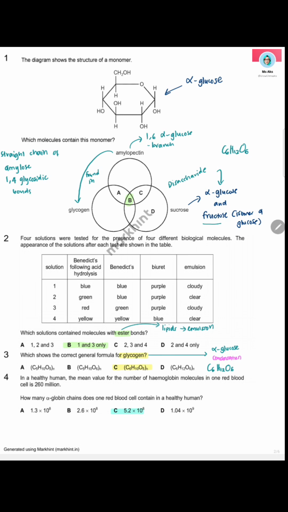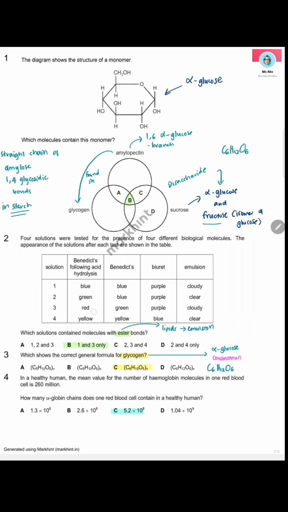So if you can remember that, that'll be very, very good. So these two molecules, amylose and amylopectin, are found in glycogen as well as in starch. Right, so glycogen and starch, we know that they have their own purposes.